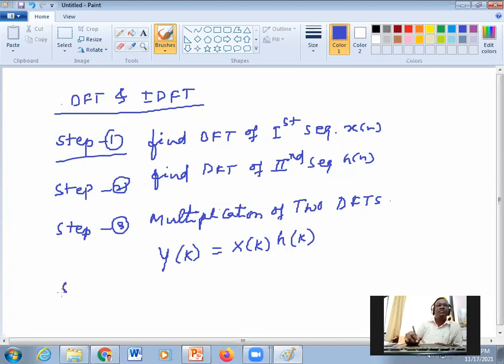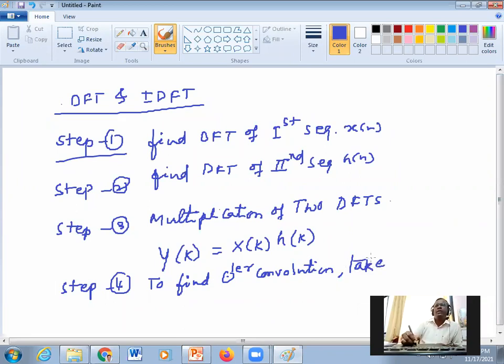What is step 4? Take IDFT of y of k. Step 4 is to find the circular convolution. To find the circular convolution, we are converting again from frequency domain to time domain, so take IDFT of y of k.